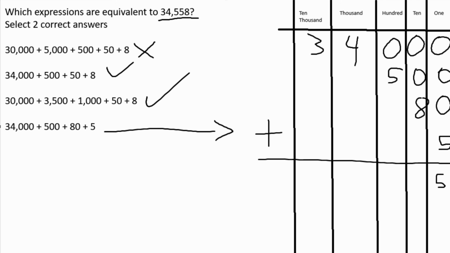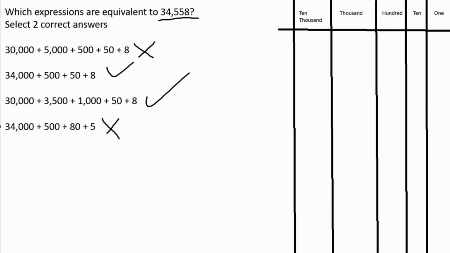We have 5, 8, 5, 4, 3. 34,585. This is not what they're looking for. As you can see, there's a mix-up in the tens and ones place. Therefore, the whole answer is incorrect. All right, let's check out one more question type like this.